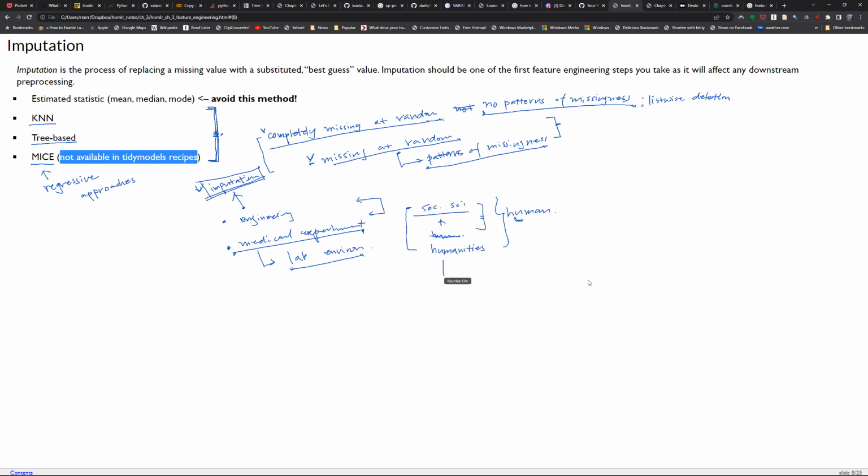The reason we do not use imputation is that most social science experiments are what is called quasi-experimental situations. Compared to the lab environment, which is highly experimental, where we can control almost everything, not all the things, but almost everything.